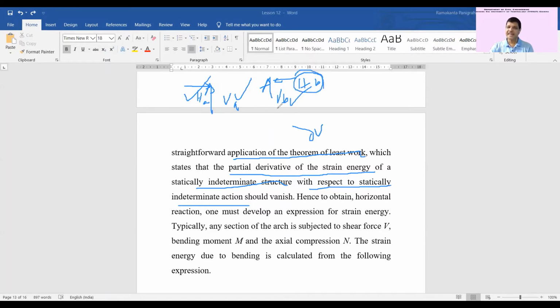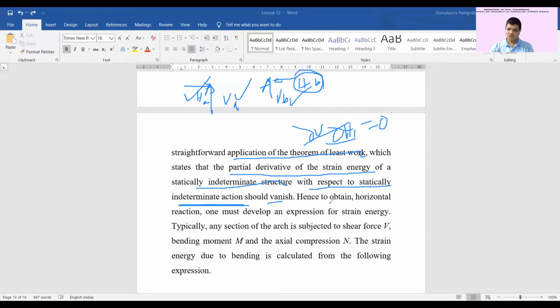So you can take del U by the indeterminate action. What is the indeterminate action? HB. So we can say del U by del H, where HA is equal to HB is equal to H, is equal to 0. Writing the reactions as HB or H, you find this value is equal to 0. So that should vanish. If there is some settlement, then this is equal to some value of delta.